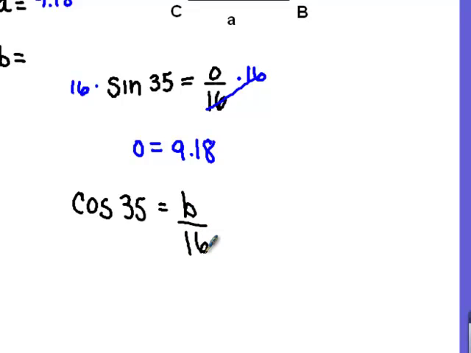Same thing here, we're going to multiply both sides by 16. And in your calculator, 16 times cosine of 35 degrees is around 13.11. So for the angles where we do not have a common 30-60 or 45-45, we are going to have to get some decimals here.